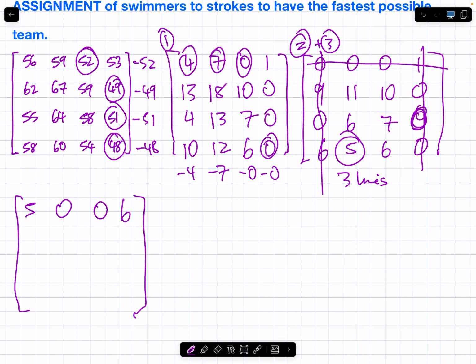6. Is 9 single covered? Leave it. 11 is uncovered. What do I do when it's uncovered? Subtract 5 from it. So 11 take 5, I believe, is 6, is it? 10 take 5? What do I do with that 0 on the right, on row 2? Leave it alone.